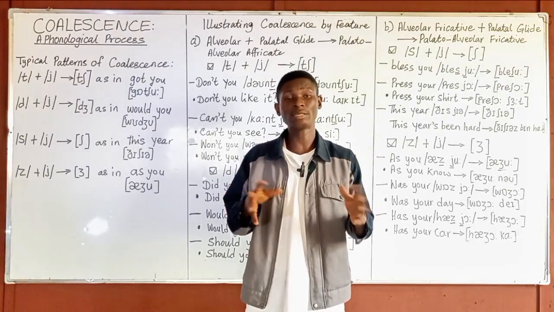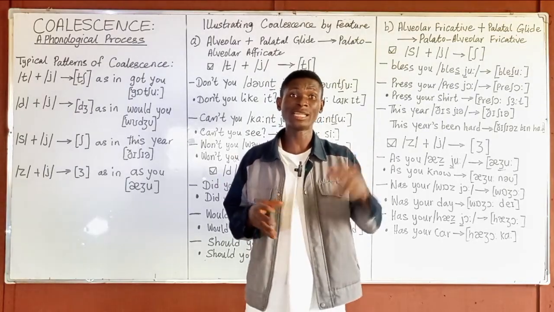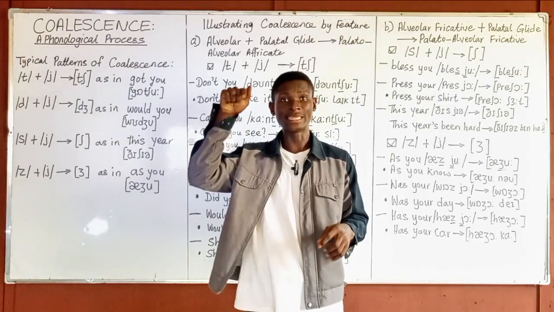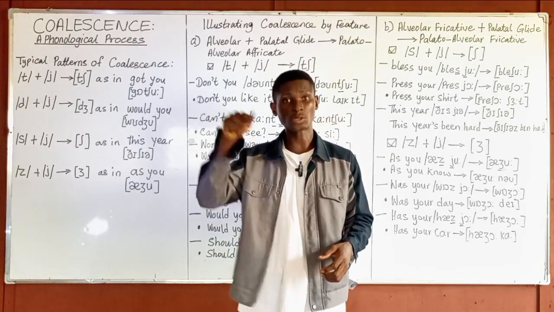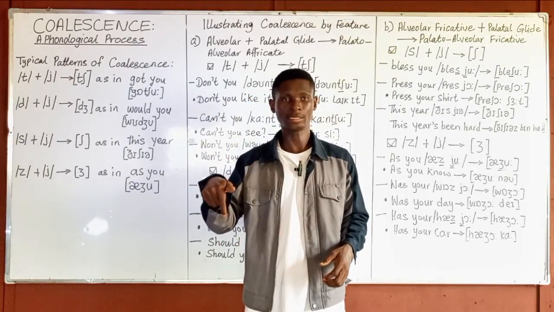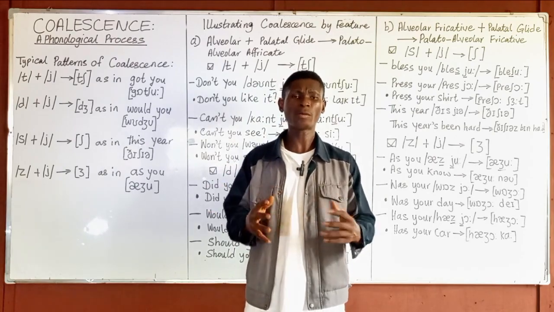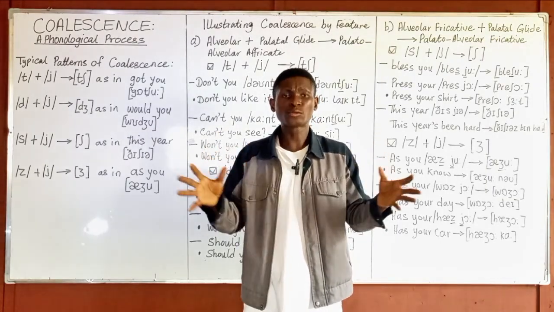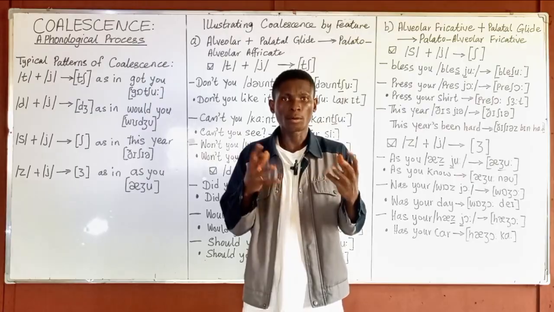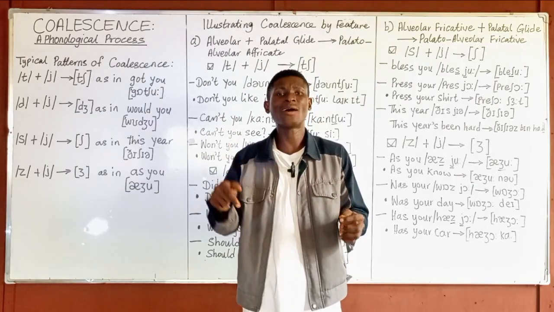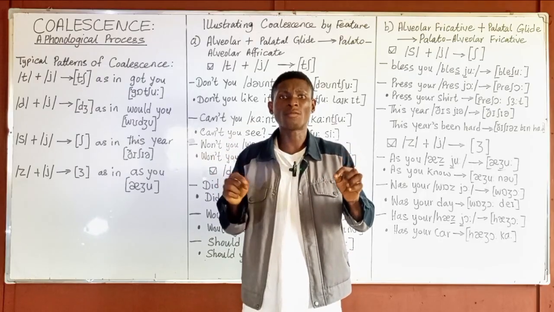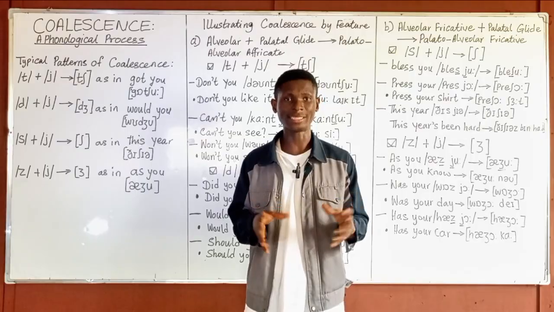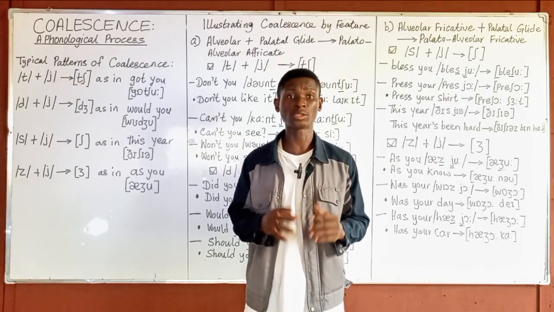Sometimes, for instance in assimilation, the preceding sound can influence the next sound, and sometimes the succeeding sound can influence the previous sound. But when it comes to coalescence, the two sounds are made to bring forth a new sound that has the features of both original sounds. So this is what we mean by coalescence when it comes to phonological processes.